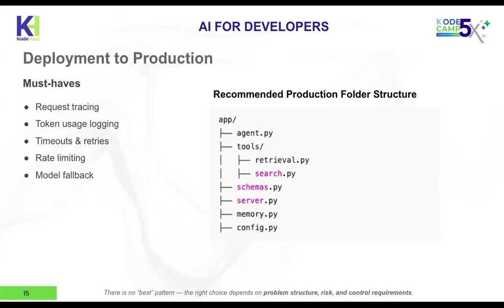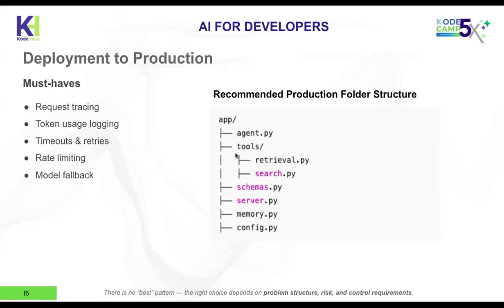So token usage, you need to be able to trace it and log it. Then timeouts and retries, it's good to also trace and log all of that. Then rate limiting, okay? Then model fallback.